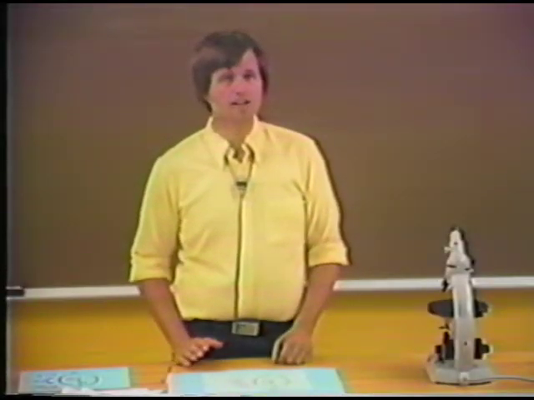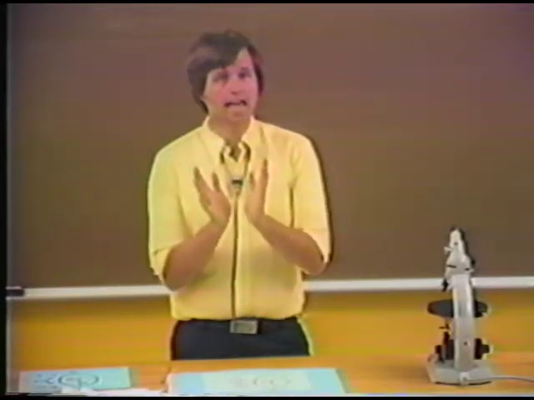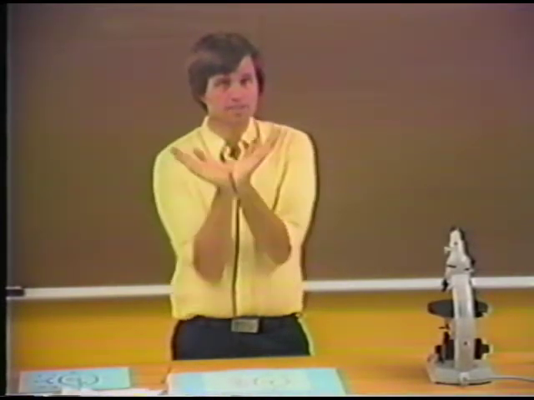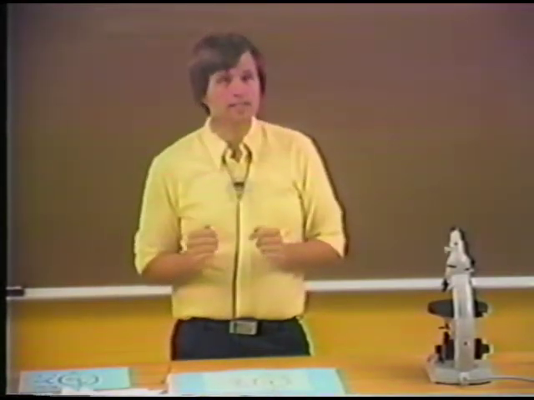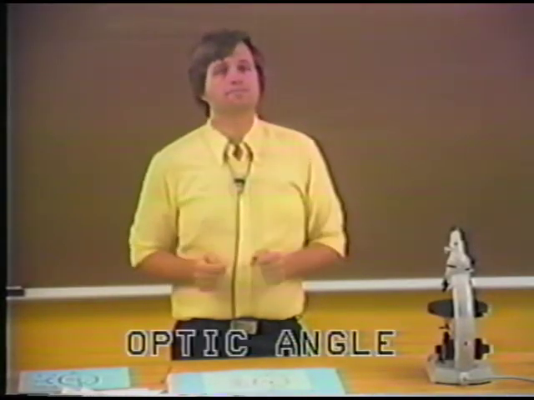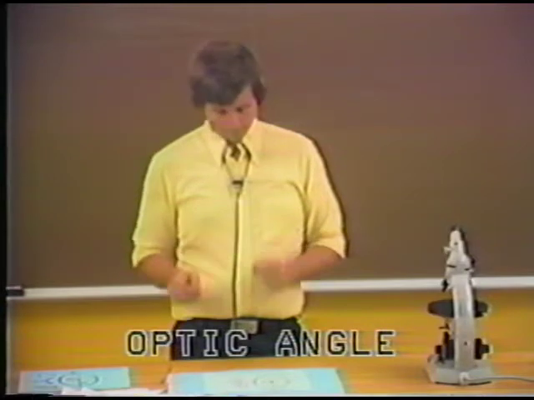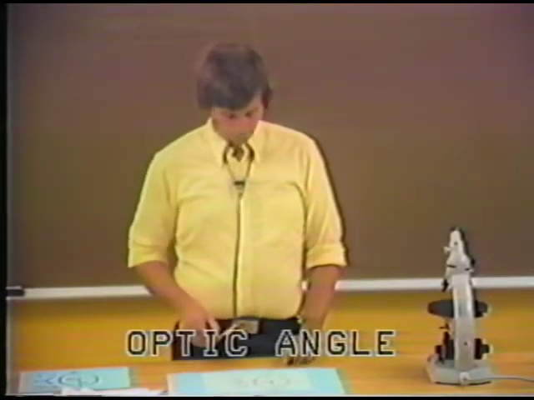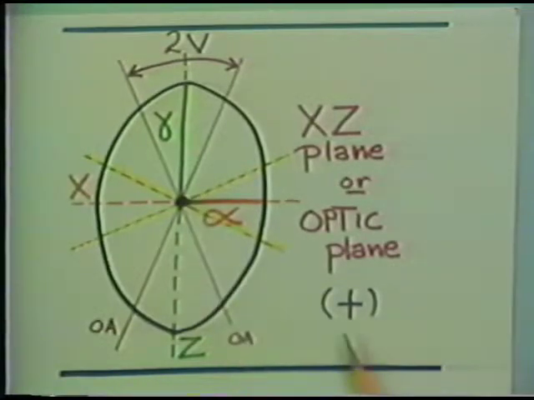We'll define something about the angle between the optic axes, because this angle varies. And we call this angle the optic angle. Now the optic angle is bisected by the Z vibration direction if the mineral is positive.